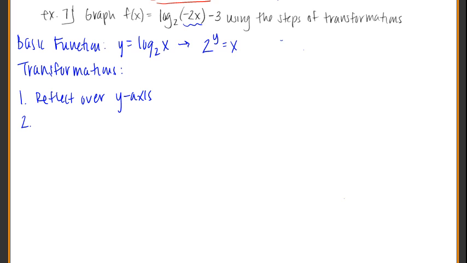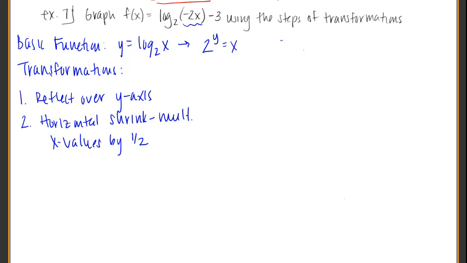And remember, anything horizontally, you kind of do the opposite, so it's actually a horizontal shrink, because we're going to multiply the x values by the reciprocal. Always inside, always take the reciprocal of the number. Okay, so that's everything inside.